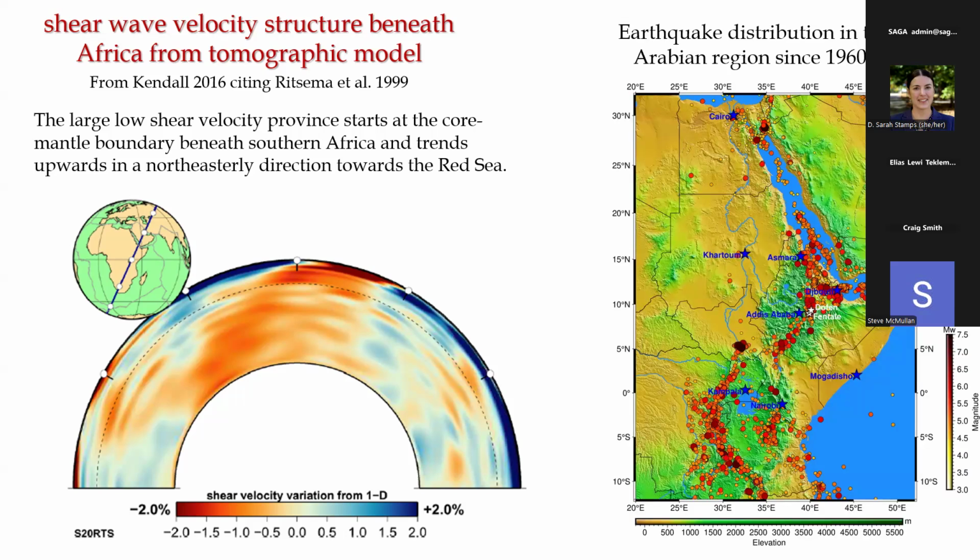And if you see earthquakes in the region since 1960, you can see that the earthquakes mostly follow the three rift systems: the East African rift system, here the Gulf of Aden rift system, and this one the Red Sea rift system.